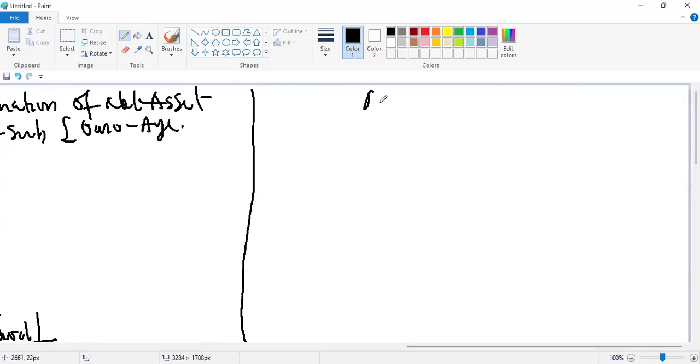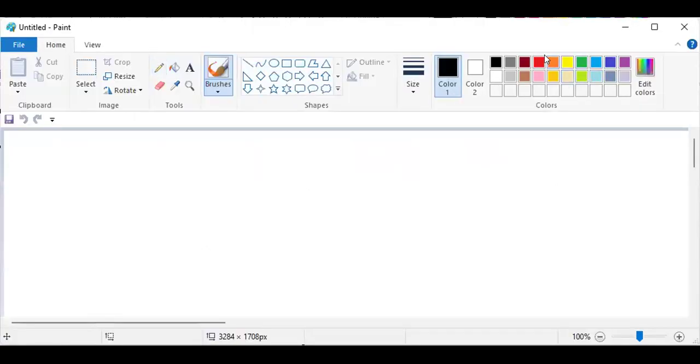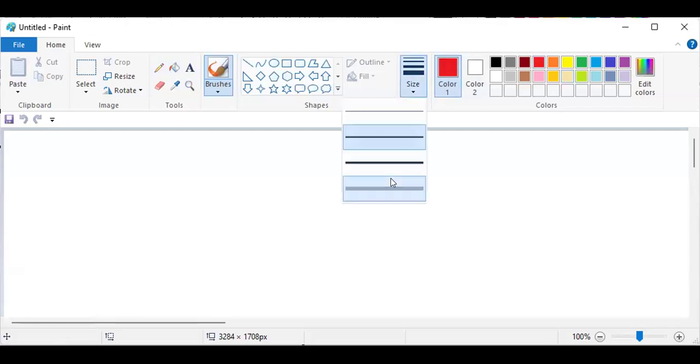NCI in two subsidiaries, NCI at normal and date of acquisition. That's all. I will now open another one for the calculation. All those work. Let's open it here.